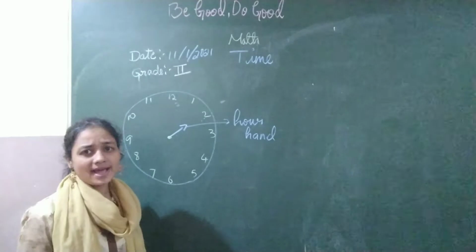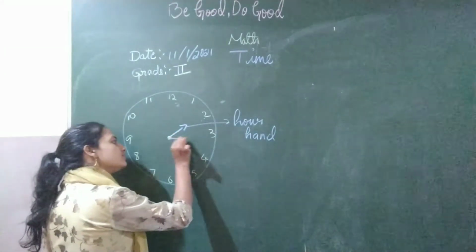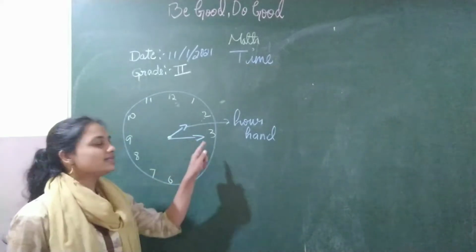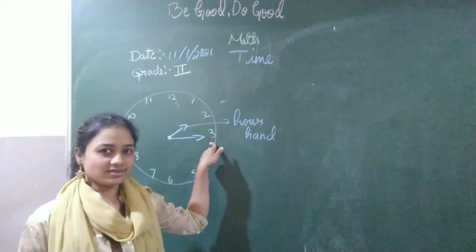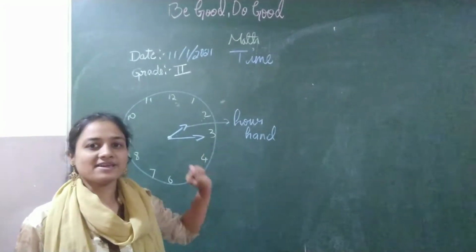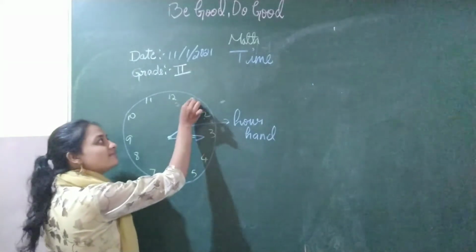What about the big hand? Example, if the big hand is showing 3, you don't say it as 3. You all know the 5 times table, children? You will say the 5 times table. How? See now. What is 5 ones? 5.